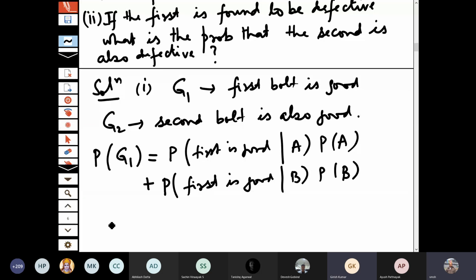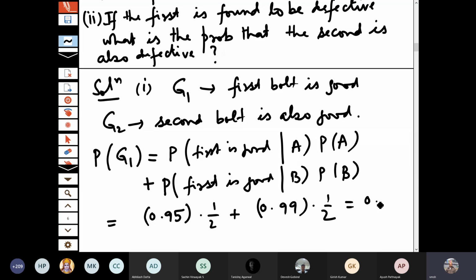Now this answer is known, probability of A and probability of B is half, because we are saying it is equally likely to come either from A or from B. And the probability of being good from A is 0.95, and from B is 0.99. So of course this is 0.97. So this is the probability that the first bolt is good.